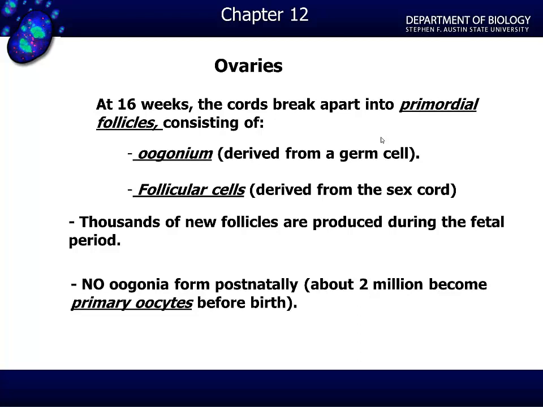So when you're born, you have about 2 million or so of these primary oocytes or primordial follicles present in the ovaries, and every month once you reach reproductive age, you're going to mature some of these until one ovulates. Typically that's going to happen on alternating ovaries, right side one month, left side the other month. And the developing follicles that do not ovulate degenerate.